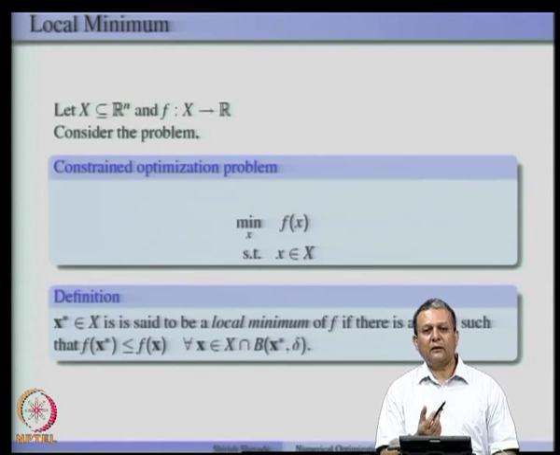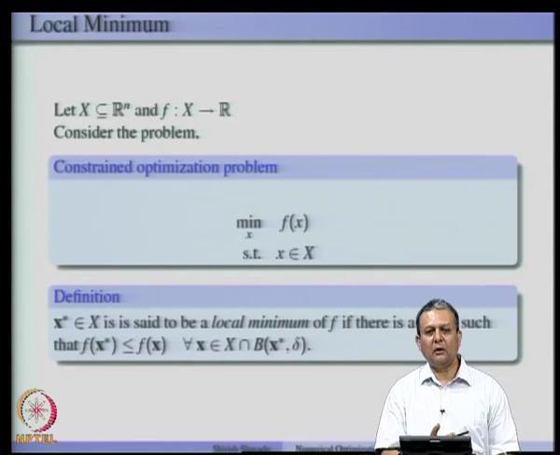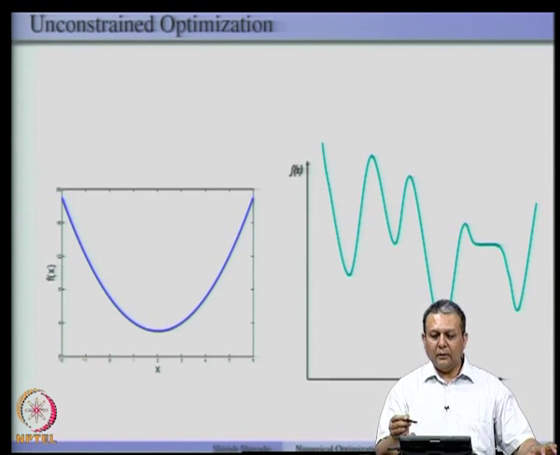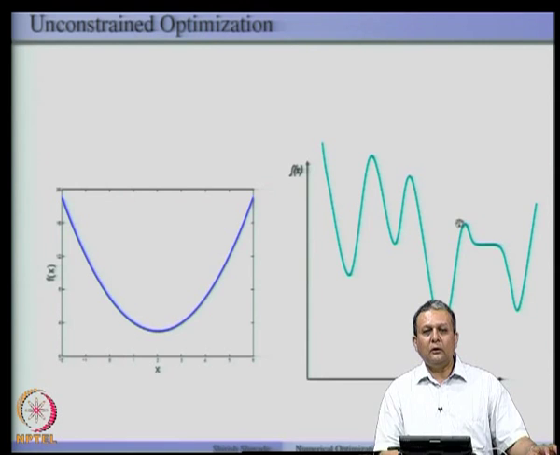Again one has to take a local neighborhood, it can be sufficiently small, and find out the value of the function in the local neighborhood, and you will see that these points are local maxima. Okay. So, the definitions of local minimum and local maximum are centered around the neighborhood of a given point.